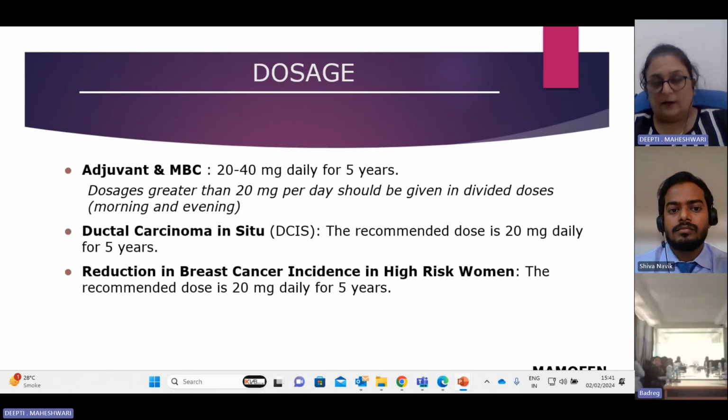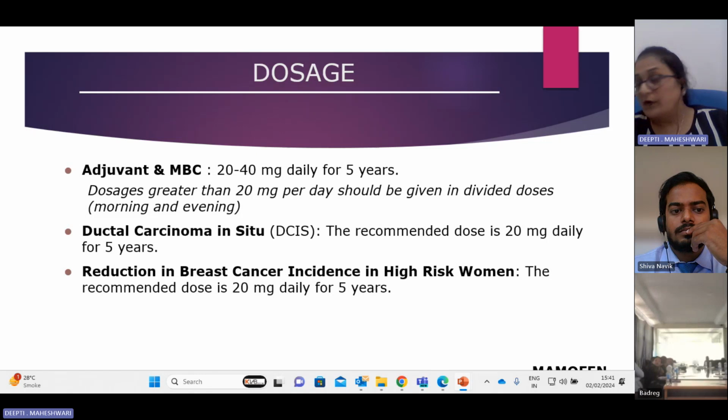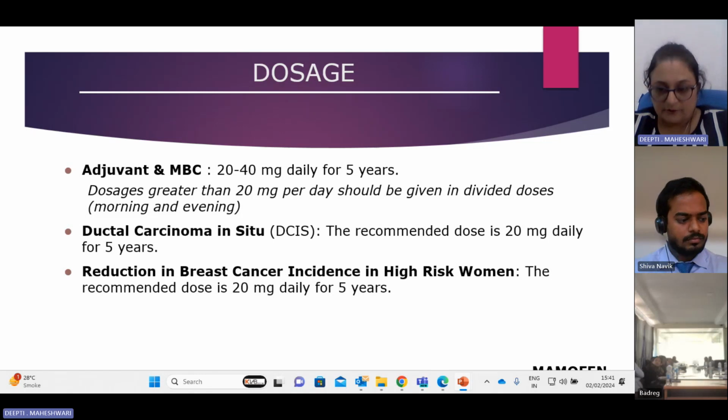Only then the patients stop. Otherwise, the patients continue minimum for 5 years. There are studies where the patients are continuing the drug for even more than 5 years. Okay, so minimum dose recommended is 5 years. This dose is clear to everyone?